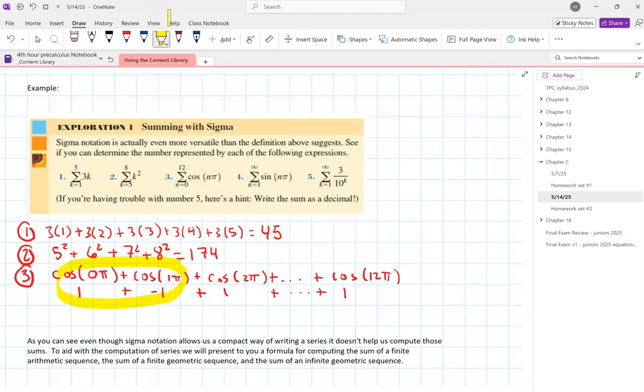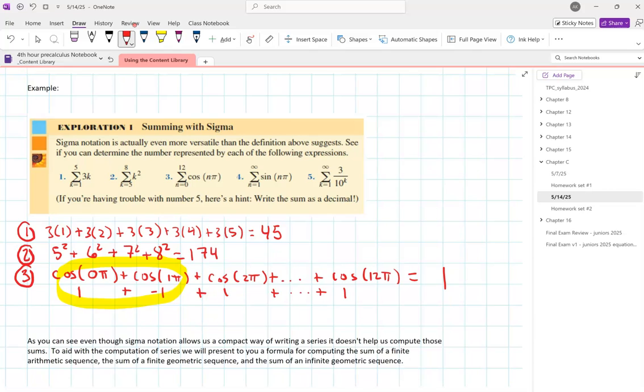So 0 pi and 1 pi give me 0 when added. 2 and 3, 0. 4 and 5, 0. 6 and 7, 0. 8 and 9, 0. 10 and 11, 0. But then I still have 12, so that's 1.